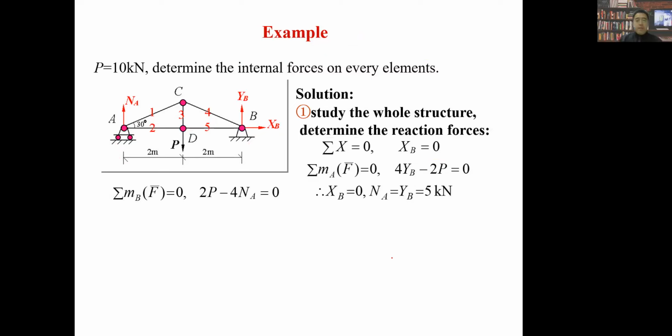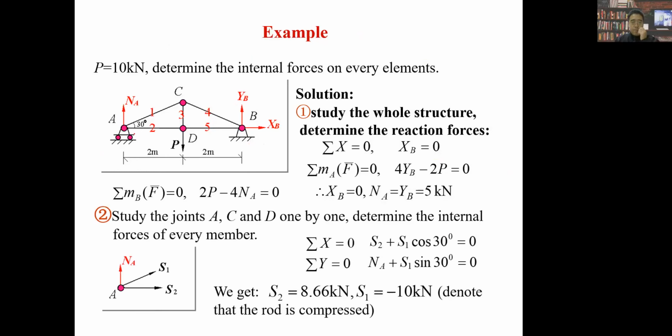After this step one, we'll try to find each internal force of the elements. Then we can select each point or each knot to start. So we'll study the joints A, C, D one by one.